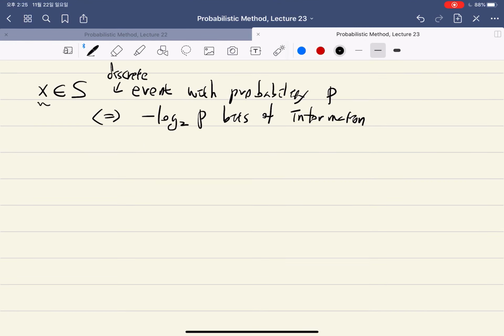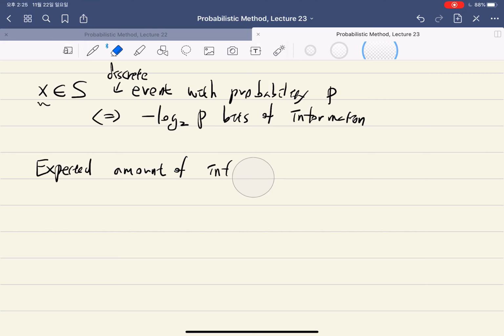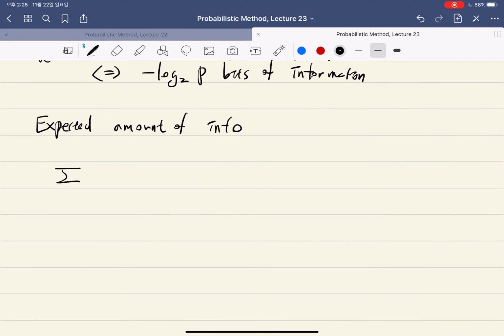And we can consider again the expected amount of information. That's our motivation for defining this entropy. So we consider all the discrete events which have probability p_s.